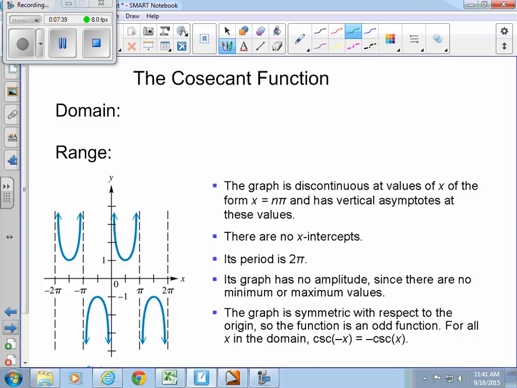The domain of this function, you can write it a bunch of different ways, but x cannot be the multiples of pi. So the domain is broken up because x can't be a multiple of pi. And a range, what is the range?